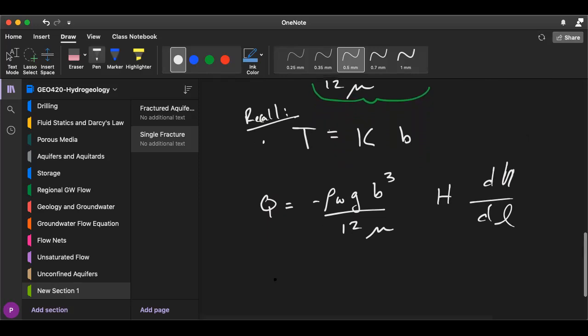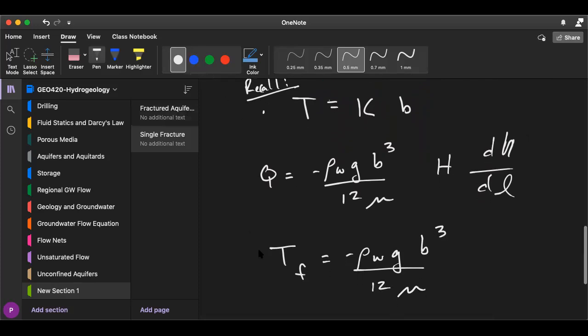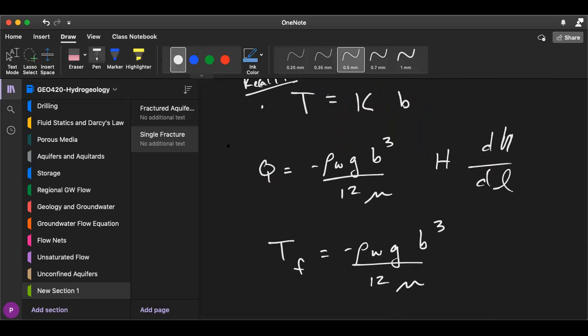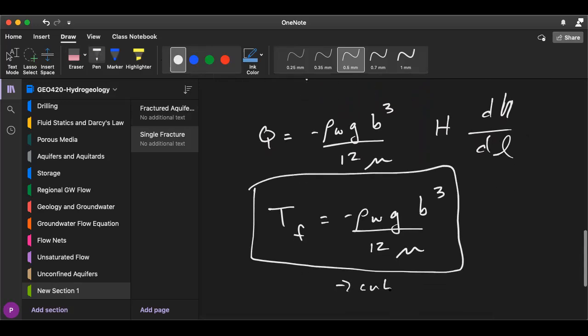And this now implies that the transmissivity of a fracture is equal to negative rho water g b cubed over 12 mu. This is another important relationship, and it even has a name. It's called the cubic law. It says the transmissivity of a fracture goes as the cube of the aperture.